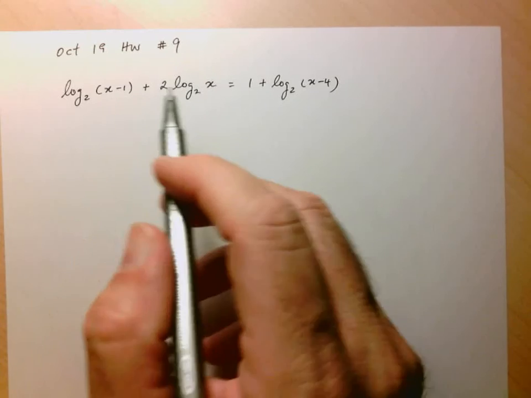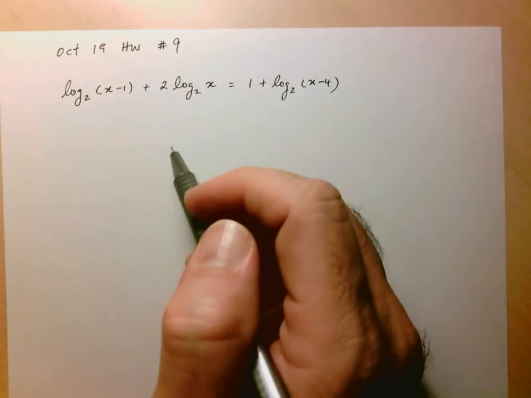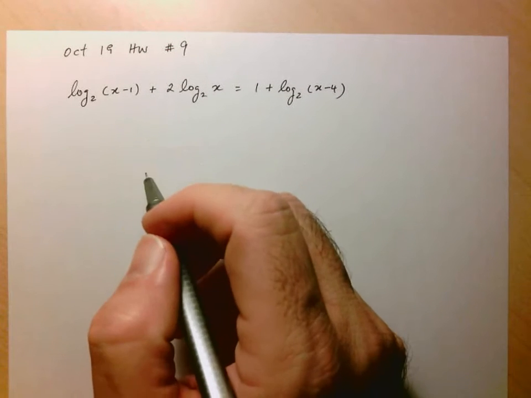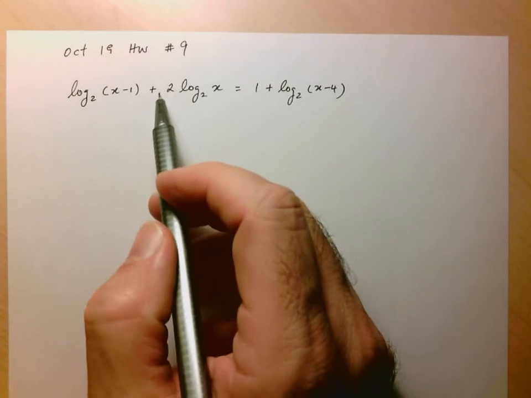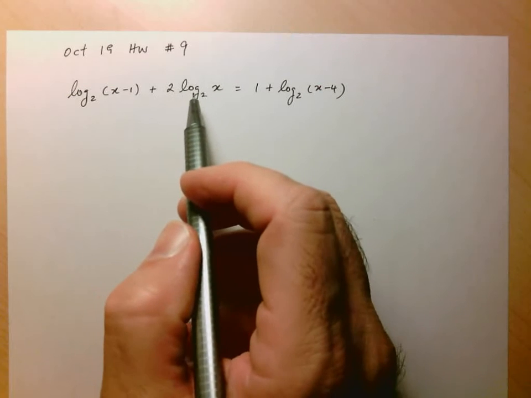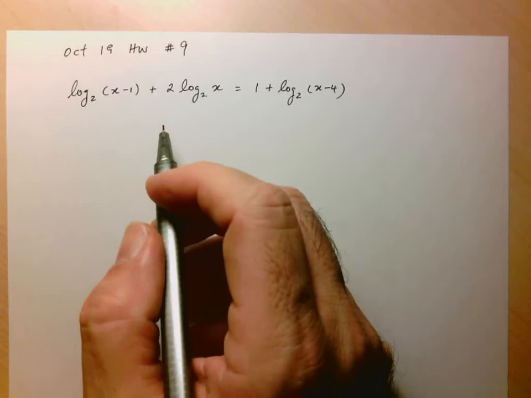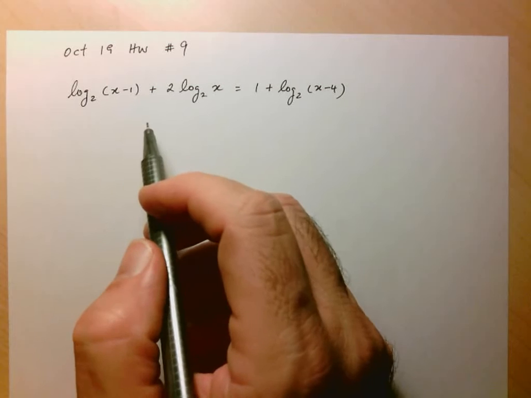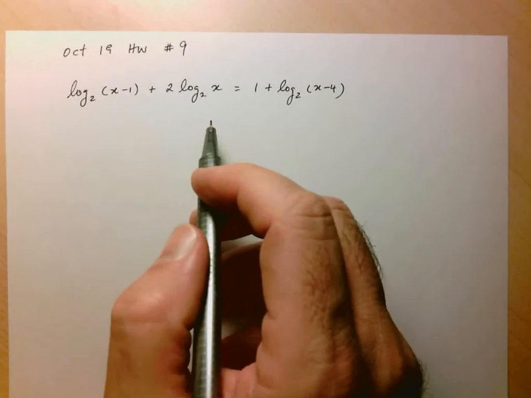Since I've got these different terms that are being added, and when I bring this to the other side subtracted, I'm going to want to use those logarithm laws. There is one little hitch that you need to be careful of here: I've got this 2 in front of this log base 2 of x, and that does not fit with our logarithm rules, because it's basically log of a plus log of b equals log of ab, or minus gives you division.